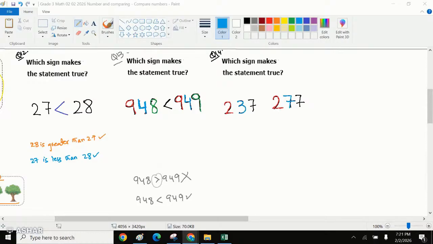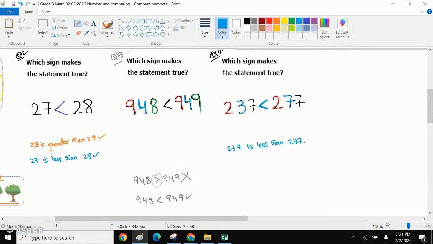So the statement would be 237 is less than 277, right? So we simply put a less than sign. The less than sign means the closed end would be towards the smaller number.